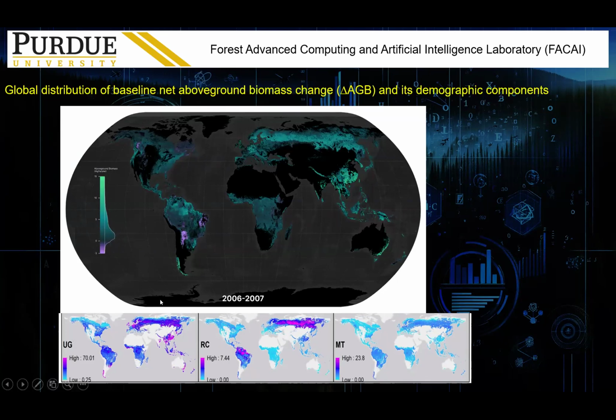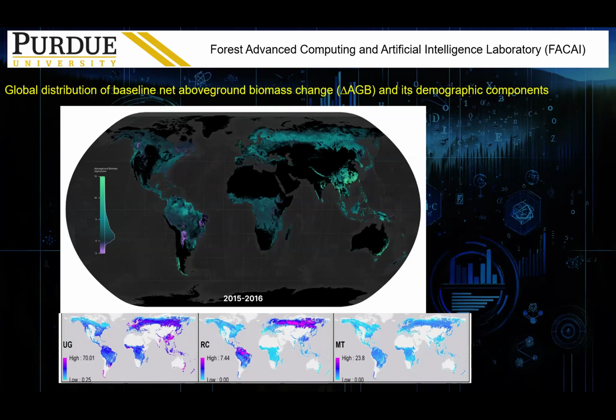And also in South America, especially in the savanna areas, some of the regions also have negative above ground biomass change rates, likely from forest degradation and a combination of disturbances and other factors as well.